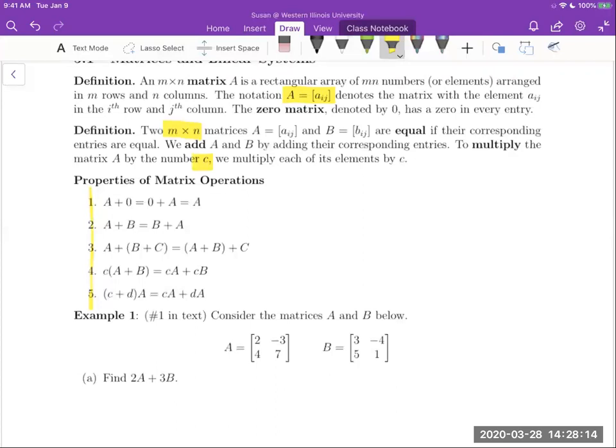We also have associativity over here in 3. We have that scalar multiplication can distribute across matrix addition, and then similarly that scalar addition distributes across a matrix. So we have those 5 properties, none of which should be super alarming. Everything just follows from properties of the real numbers.